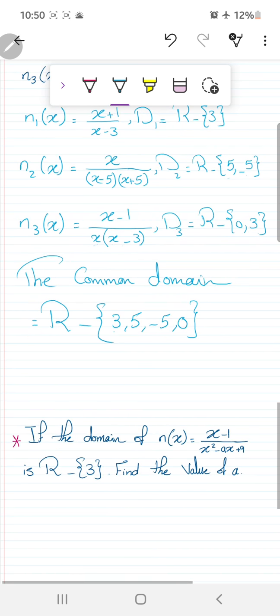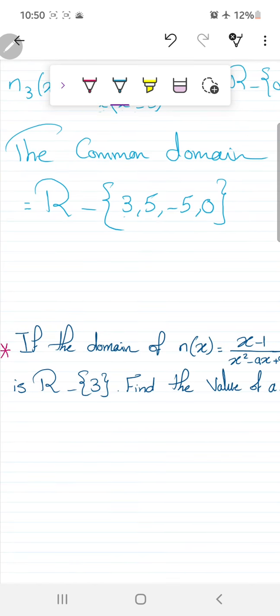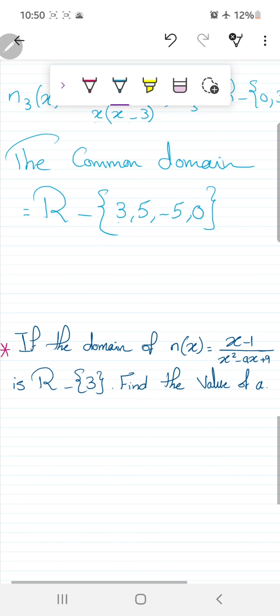Okay, the last example. If the domain of n of x, (x minus 1) over (x squared minus ax plus 9), is R minus {3}. Here we have the domain and we want to get the value of a. We want to get the unknown. Okay, what's the meaning of the domain of the function n is R minus {3}?